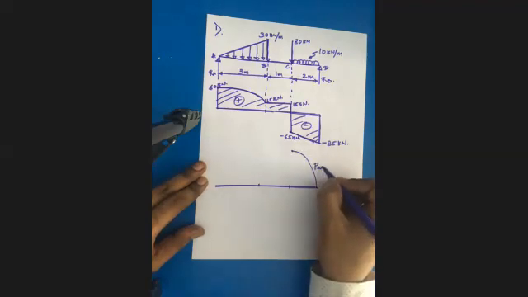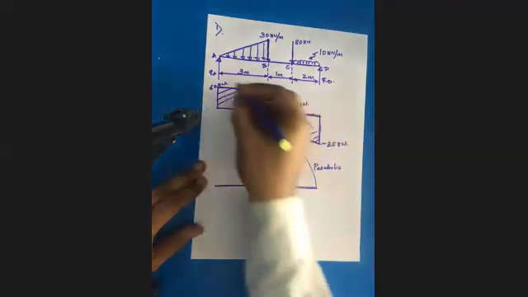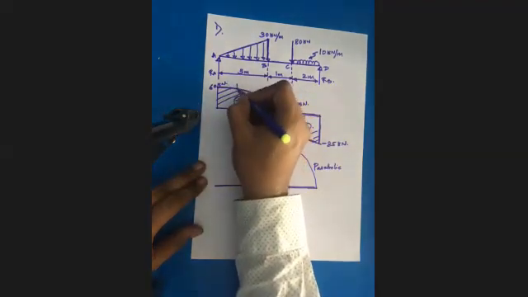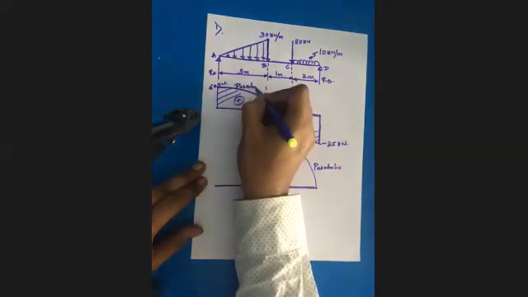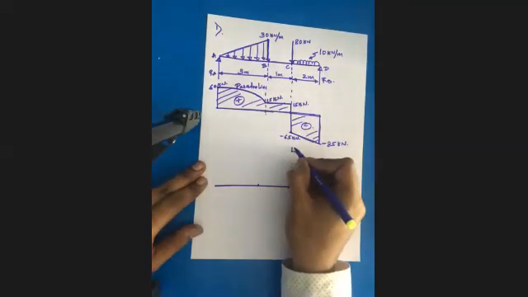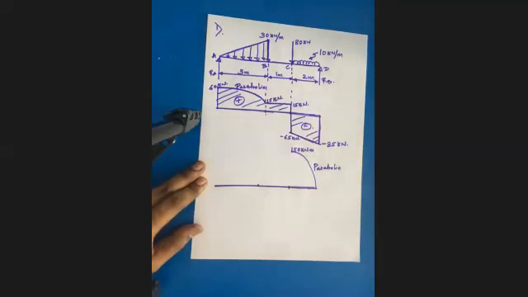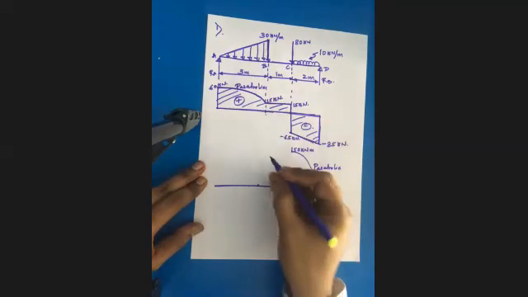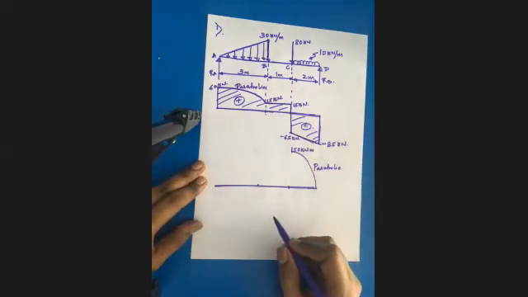And yes, in this SFD here, this variation also is parabolic. And this is 150 kilonewton meter.